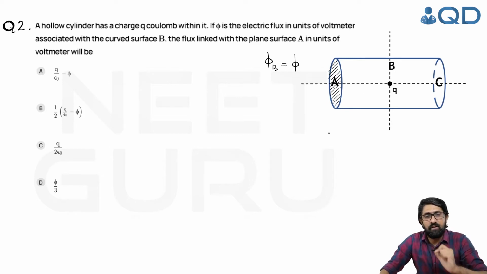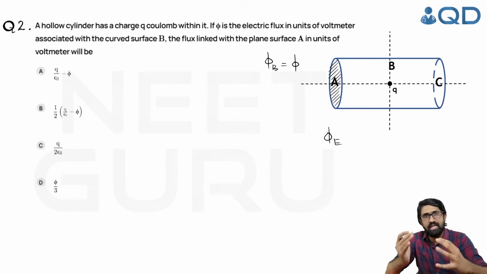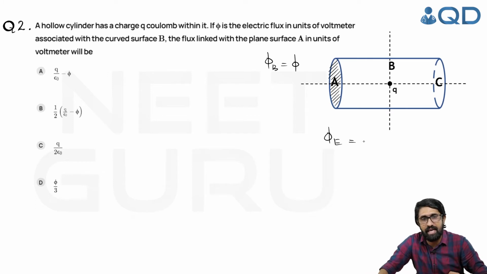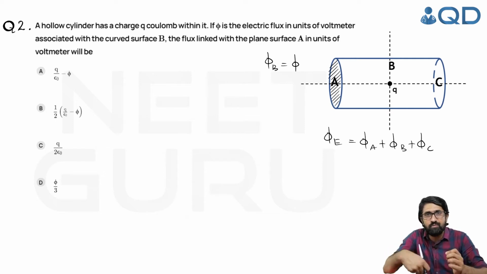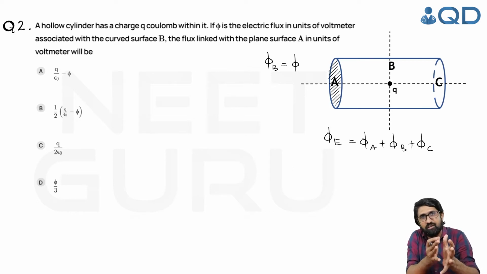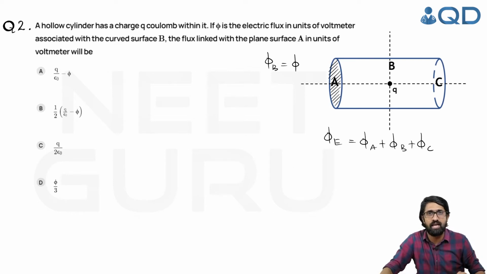Now, if phi E is the entire electric flux that is passing through this closed cylindrical surface, I can say that phi E is equal to phi A plus phi B plus phi C. Because we know that the closed cylindrical surface here is made up of three open surfaces, two plane surfaces A and C and the curved surface B. So we can say that the net flux passing through this closed cylindrical surface will be the sum of individual electric flux passing through each open surface here, that is making up this entire closed cylindrical surface.